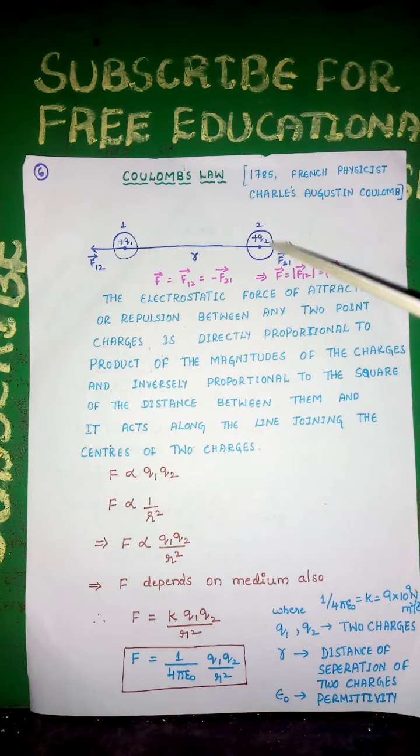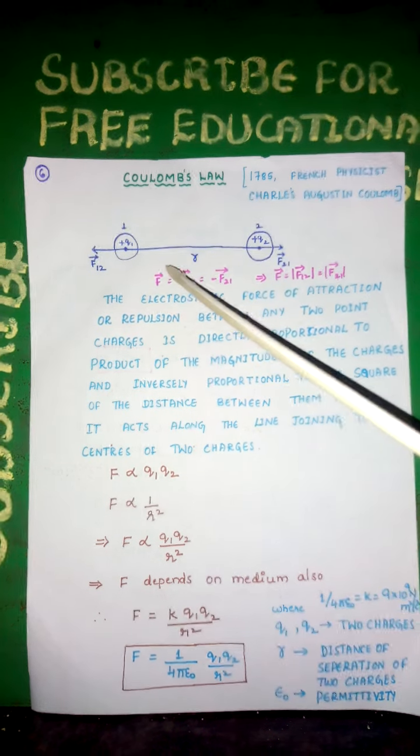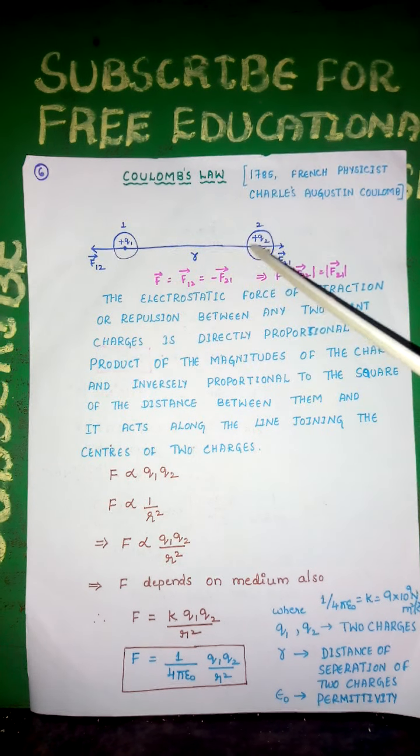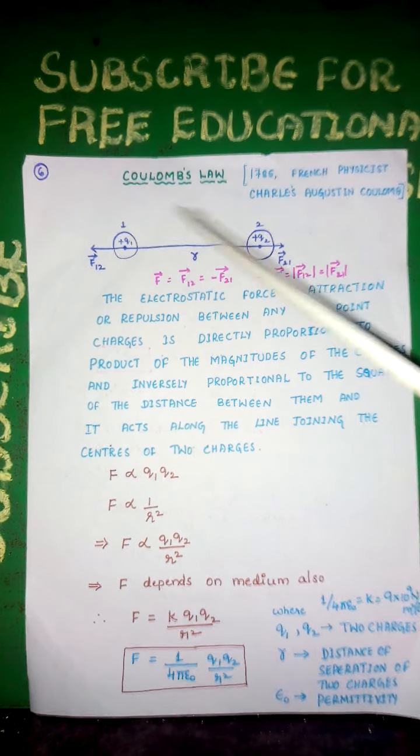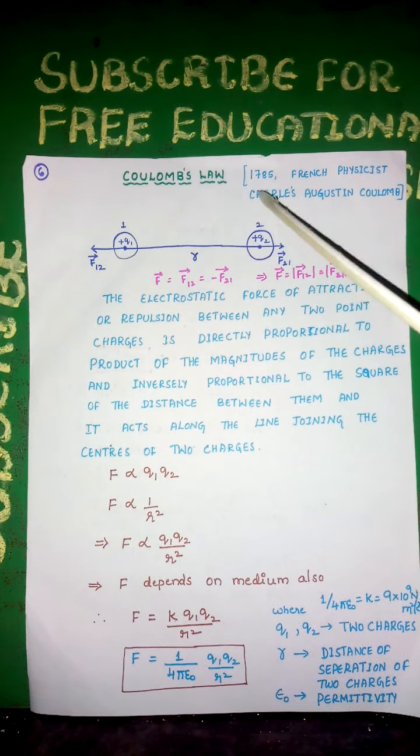Just observe this diagram, where you have to consider two charges. As I said just now, when two similar charges are there, repulsion will take place. If unlike charges are there, attraction will take place.